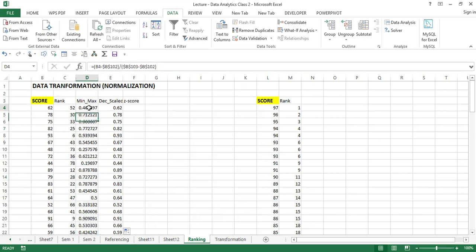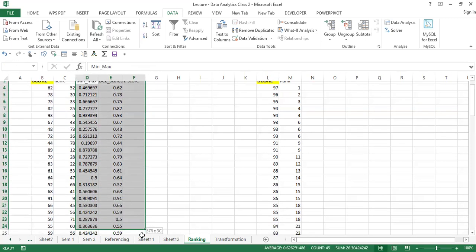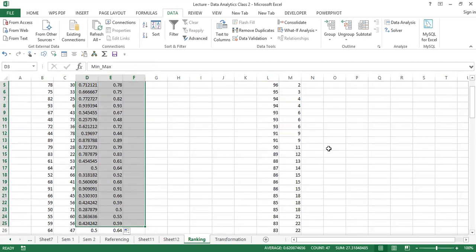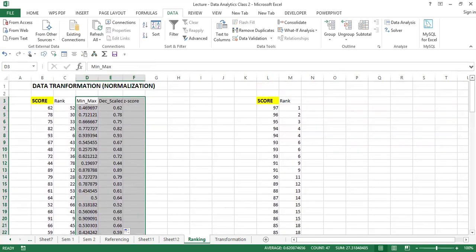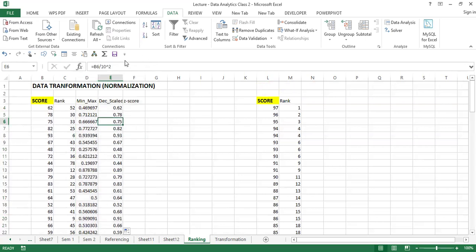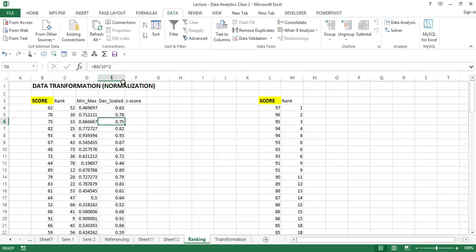Min-max will still be between 0 and 1, even if you are dealing with hundreds of millions. Same with decimal scaling. These transformations help to streamline data, to reduce the range to smaller numbers, which can easily be used for computational purposes.